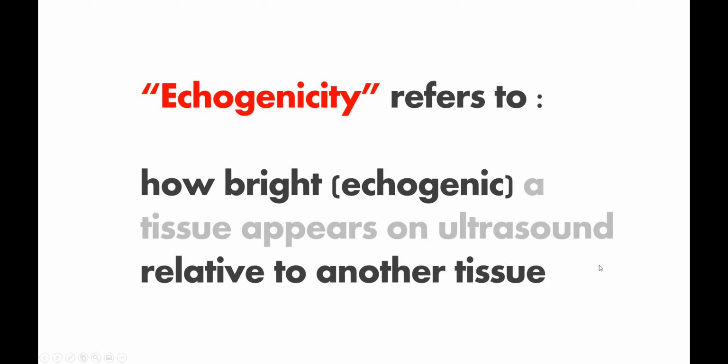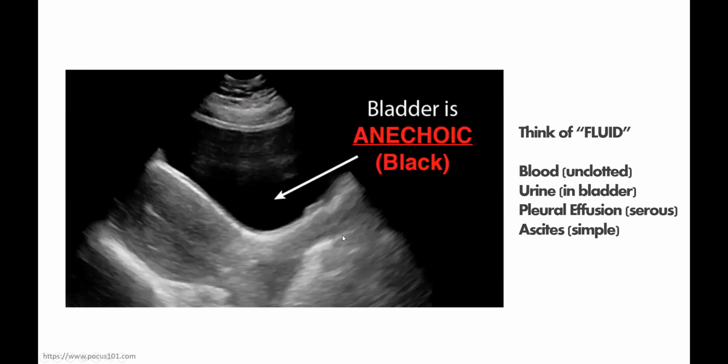So this is hyperechoic, and the tissue that appears darker on ultrasound is hypoechoic. Okay. So bladder is anechoic, clear fluid without any material inside it is anechoic. Think of fluid, unclotted blood, urine in bladder, pleural effusion, and simple ascites.